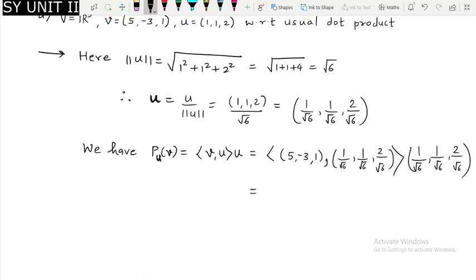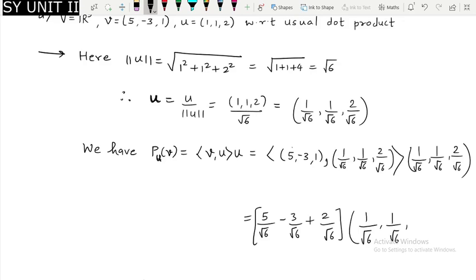So which is equal to, now take the inner product in this case, so it will be 5 multiplied by 1 upon root 6 is 5 upon root 6, minus 3 multiplied by 1 upon root 6 is minus 3 upon root 6, and 1 multiplied by 2 upon root 6 is plus 2 upon root 6, and outside it is u again, that is 1 upon root 6, 1 upon root 6 and 2 upon root 6.